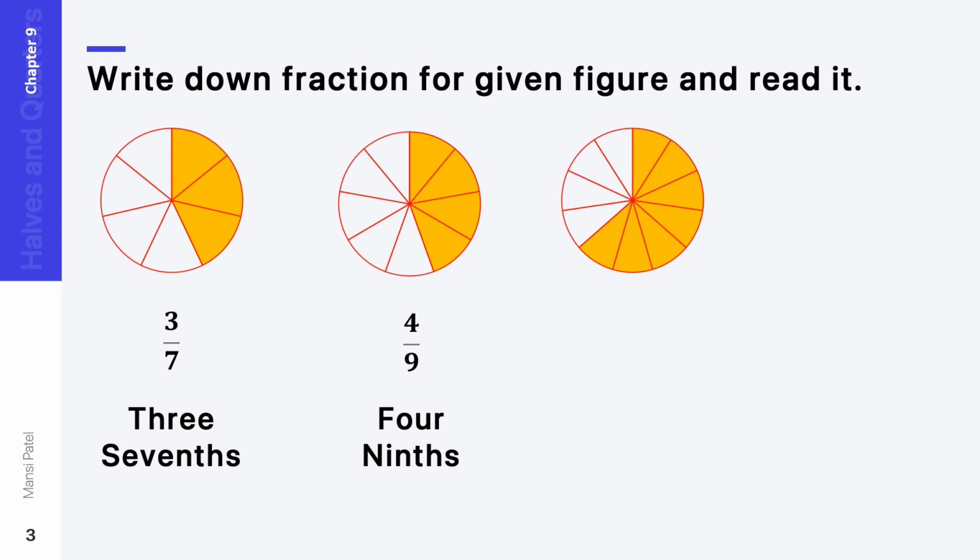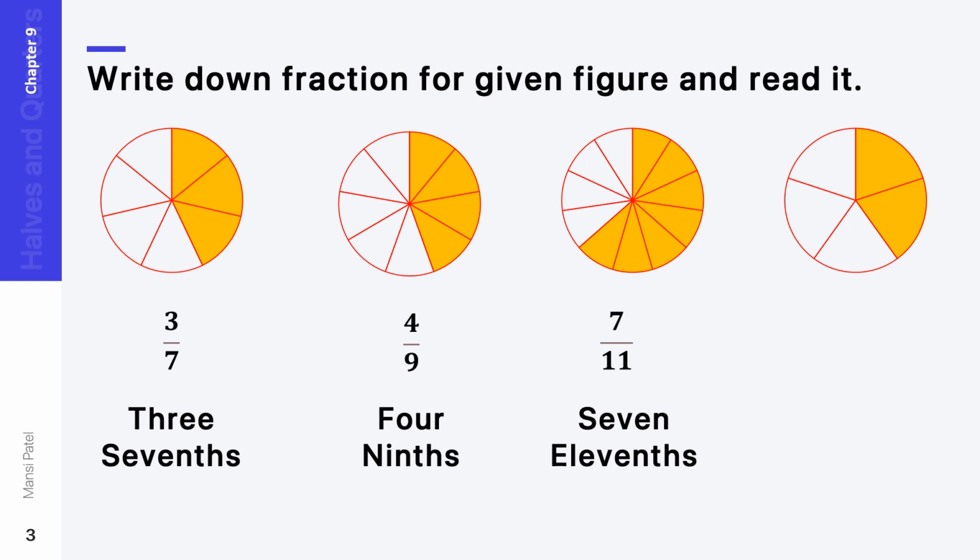So your fraction is 7 upon 11. Now what is the number name for this fraction? That is 7 elevenths. Whenever you have to write down the denominator, you have to add THS or TH in the last.